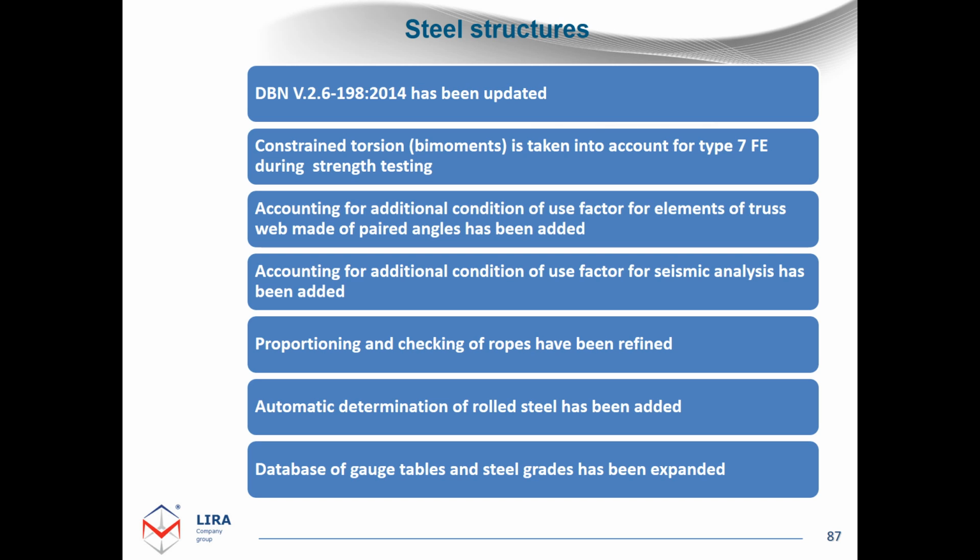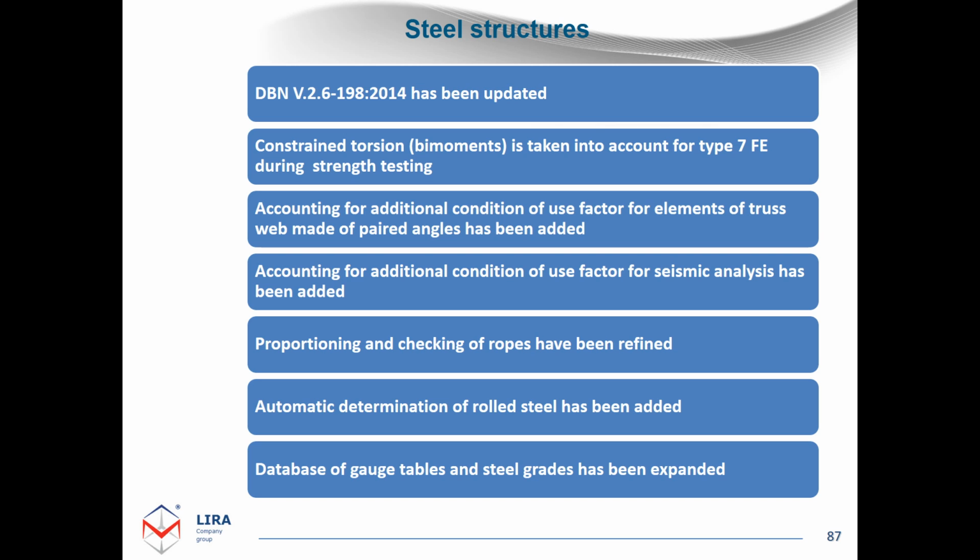Constraint torsion is now taken into account in strength analysis of the seventh type of finite element. B moments are added to formulas of stress calculation. Accounting for additional condition of use factor for elements of truss web made of pair angles has been added. Also, accounting for additional condition of use factor has been added for seismic analysis.